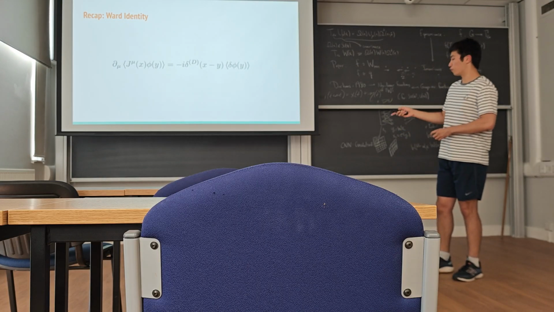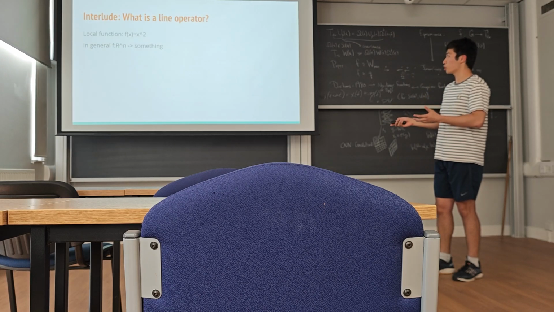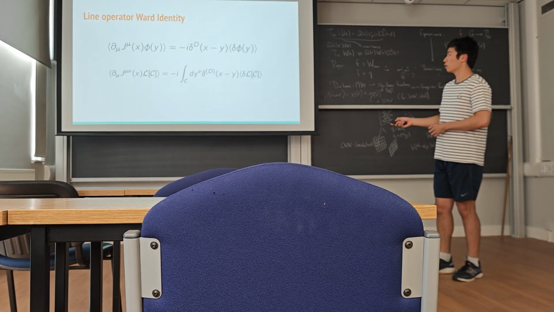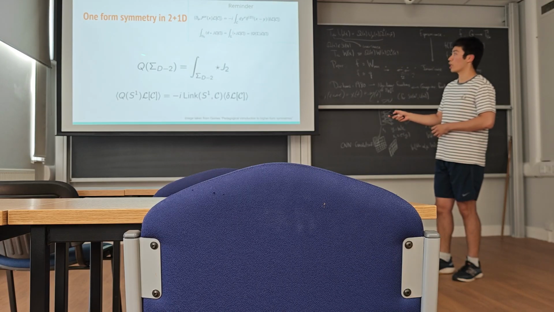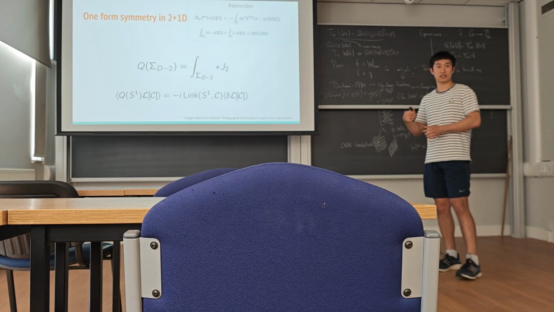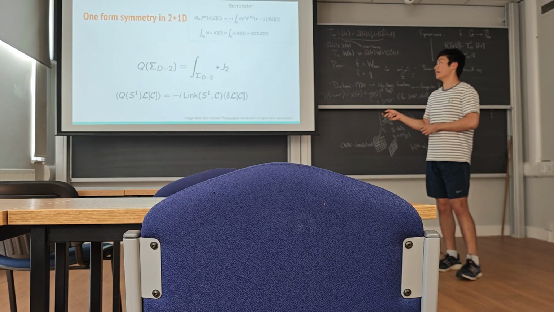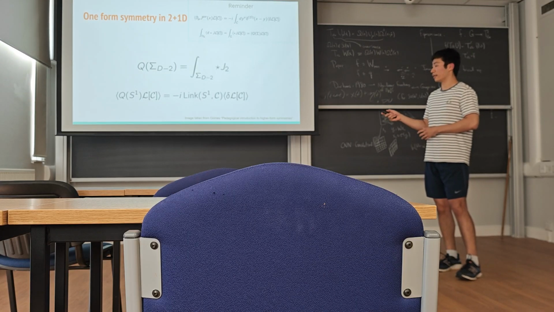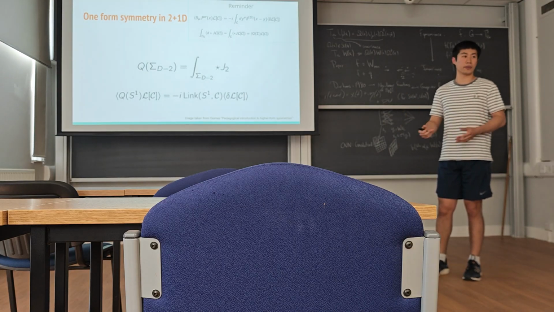And in fact, if we exponentiate this charge over a d minus 2 dimensional manifold, that is in fact a topological operator, and it is the parallel of symmetry in the zero form case.